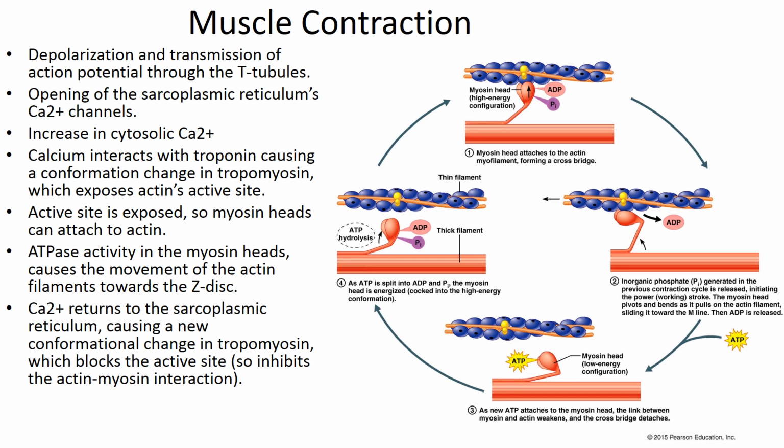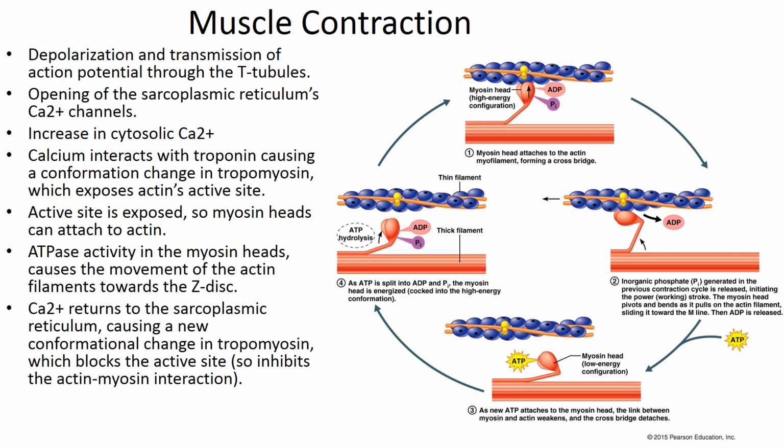Troponin then pulls on the tropomyosin so that the binding sites on actin are exposed. Once the active site is exposed, the high-energy myosin heads attach to the actin for the cross-bridge formation.